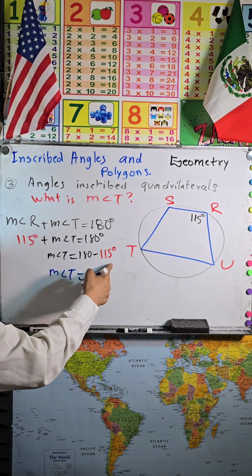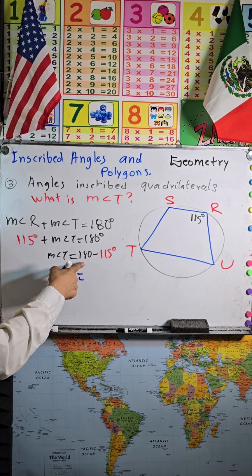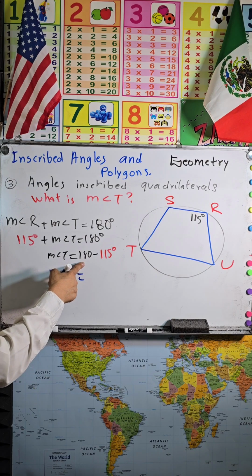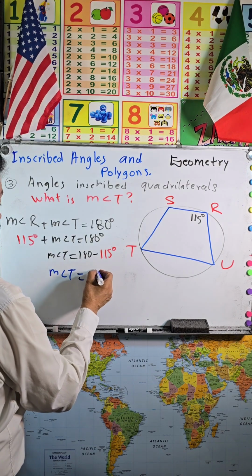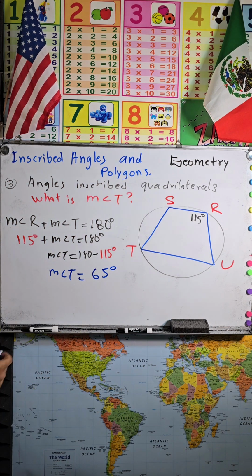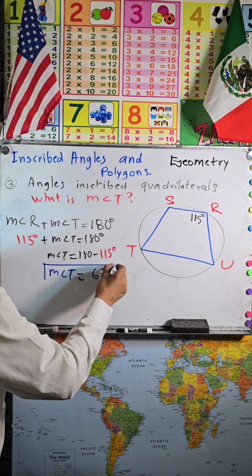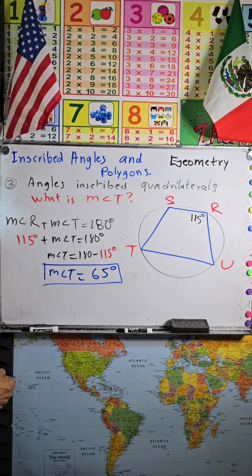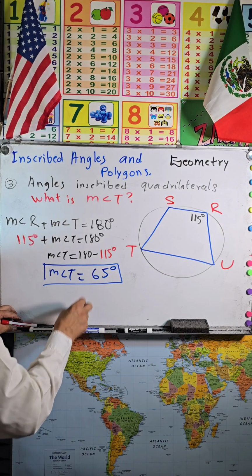Subtract 115 from 180 degrees. You do this operation, and you will have 65 degrees. So this is the answer to our problem in this case.